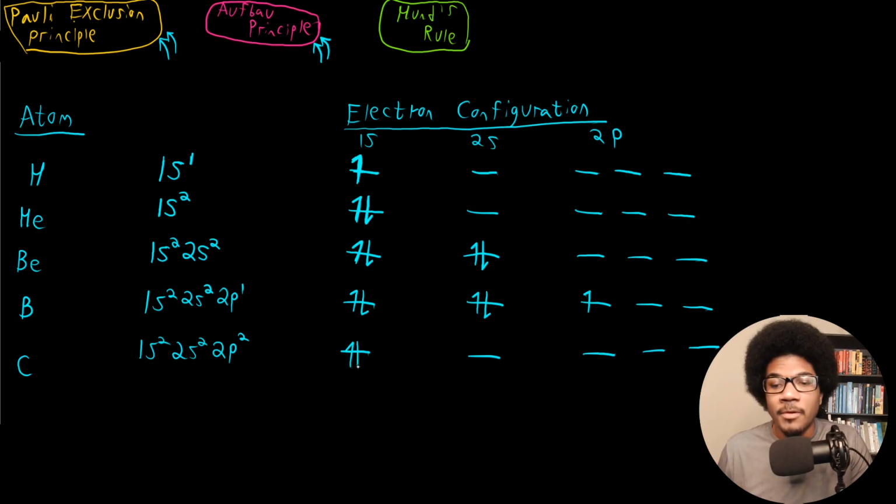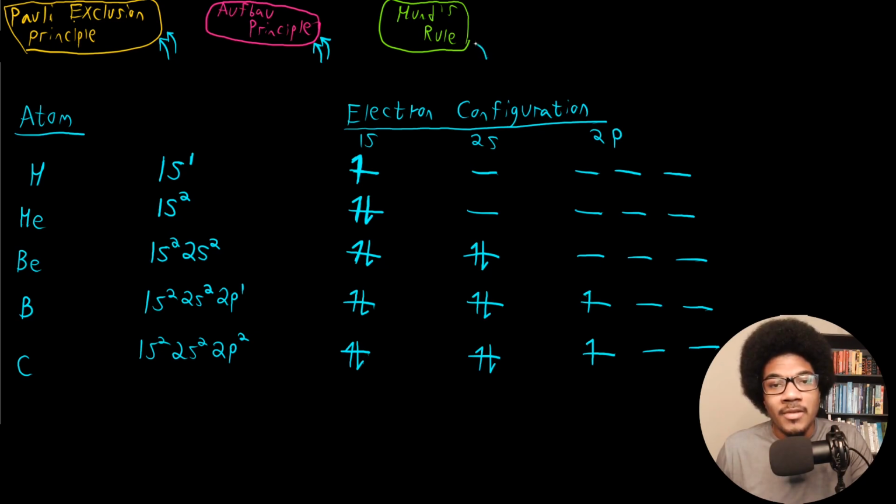So we know that for the first 4, they're going to look very similar to boron and beryllium. Well, we know that both of them are going to be in the 2p, but we have one that's in a single 2p orbital. The question is, do we pair another electron in this orbital, or do we place the electron in another different orbital?